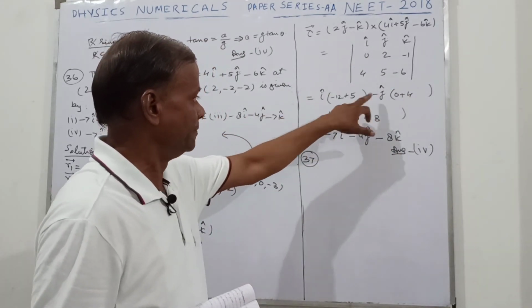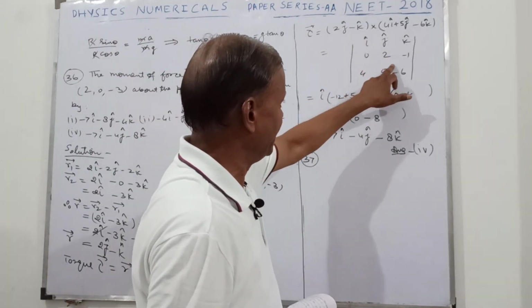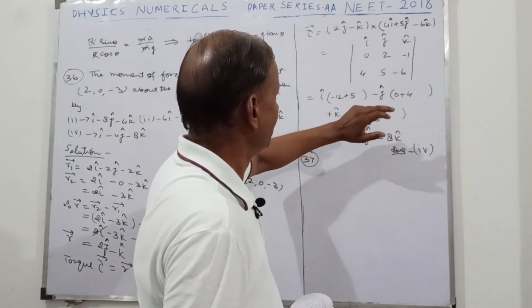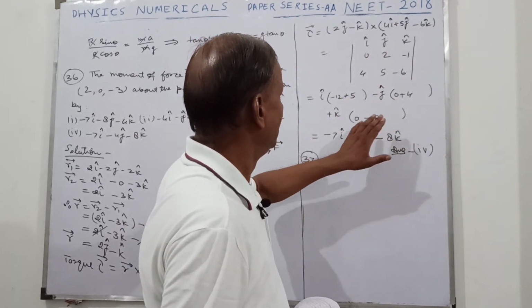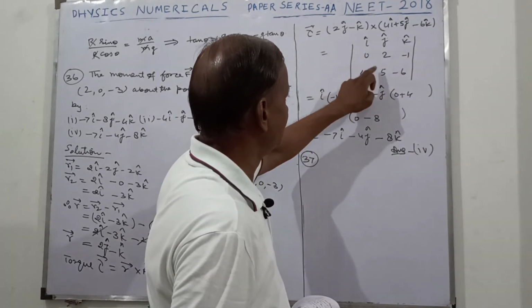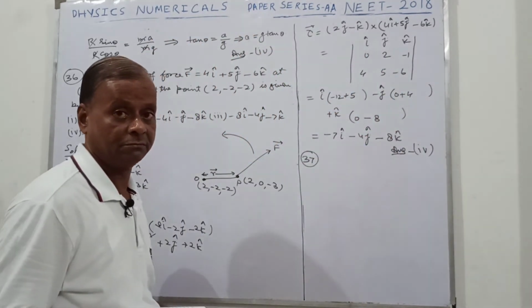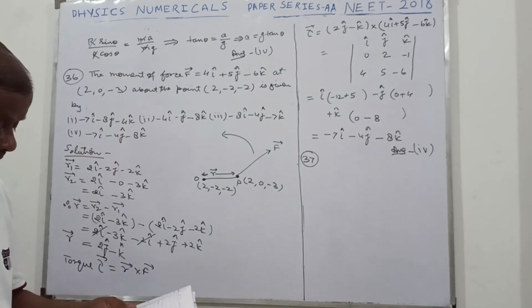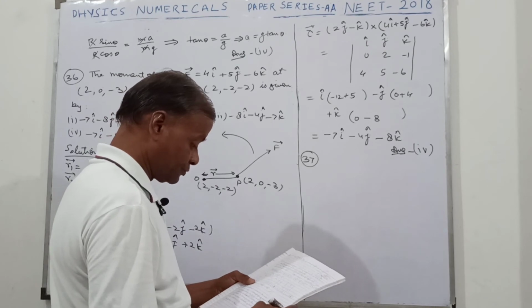The signs for i, j, k are plus, minus and plus. For i you multiply like this, for j you multiply these two, and for k you multiply this to this and this to this with proper sign.